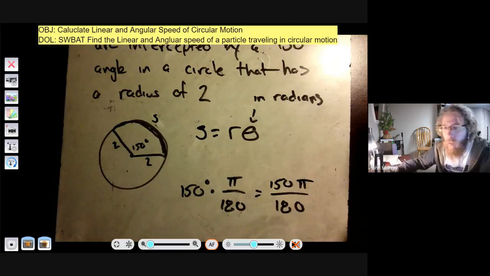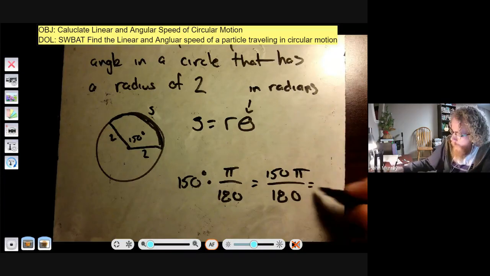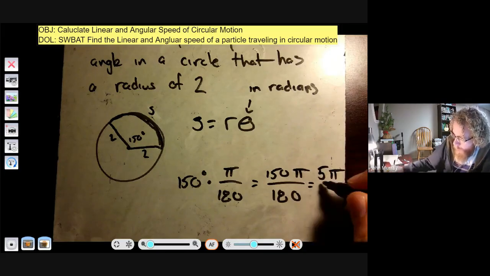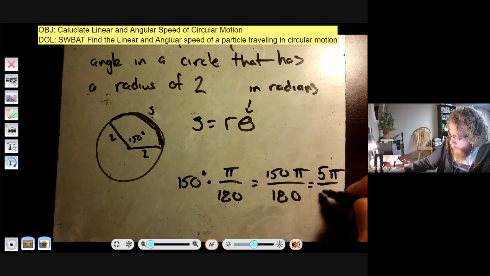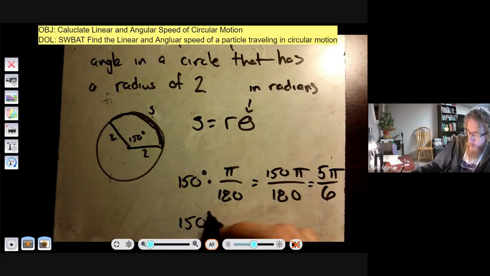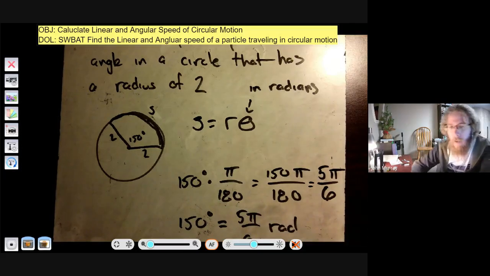Right, so we put the 150 in the numerator, 150 pi over 180, and we can divide both of those by 30. 150 divided by 30 gives me 5. The pi is up there. And 180 divided by 30 gives me 6. Right, so 150 degrees is equal to 5 pi over 6 radians.